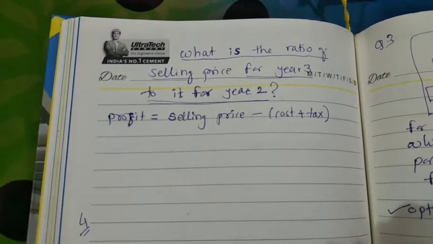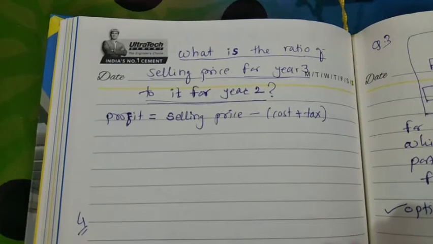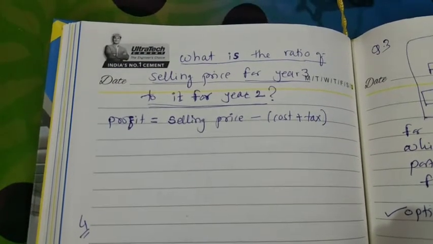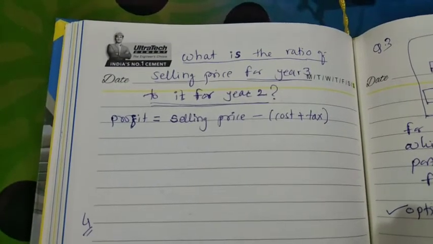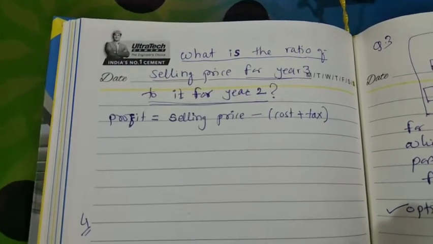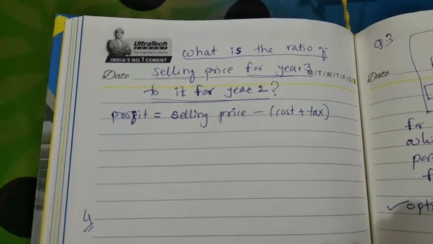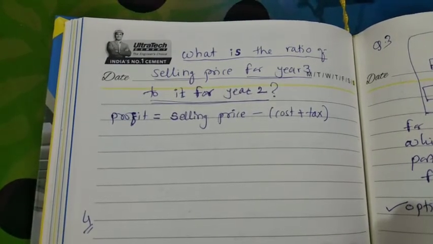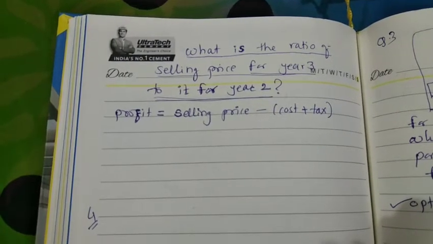Again they have given the profit equal to the selling price minus the cost and the tax. They have also given some equations for the tax, and from that we have to calculate the ratio SP3 divided by SP2.